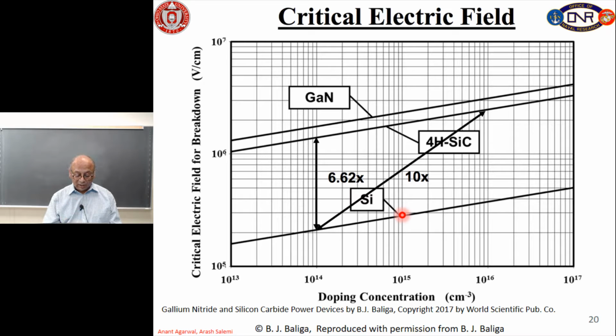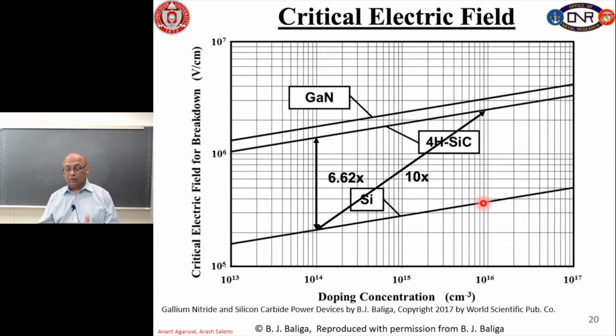But now I had mentioned that as we increase the doping, the critical electric field increases, and we have shown the same case for silicon carbide, gallium nitride, and silicon.